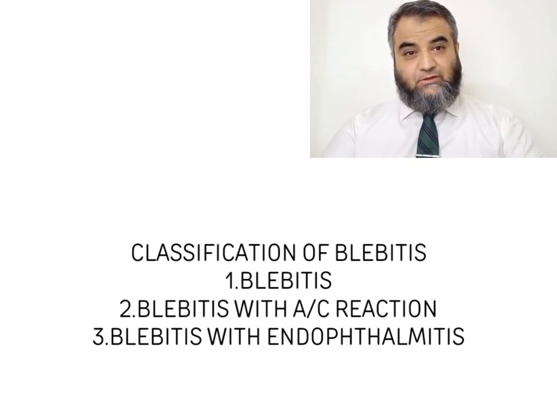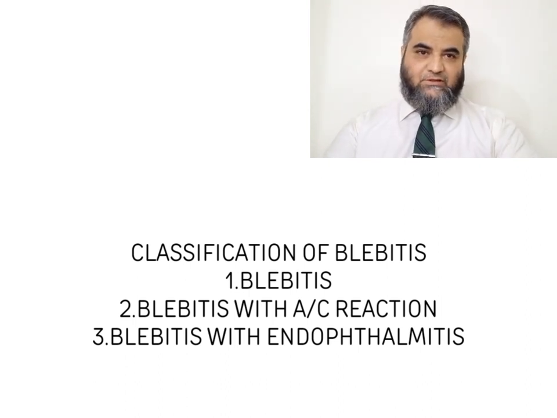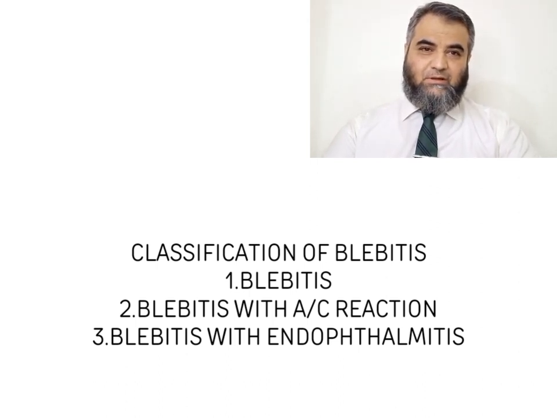Along with that, intravenous antibiotics can also be introduced. And if the condition does not improve, surgical intervention in the form of core vitrectomy can be done, because now this is a sight-threatening condition. So this shows how serious blebitis can be.